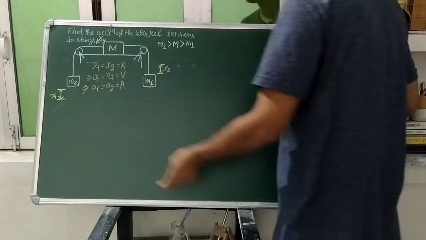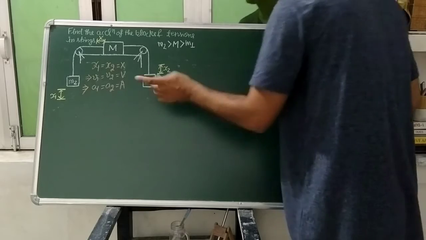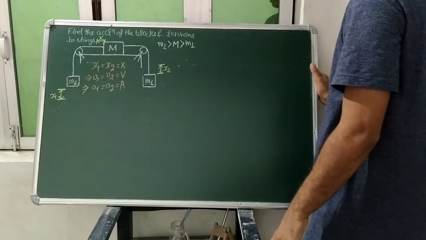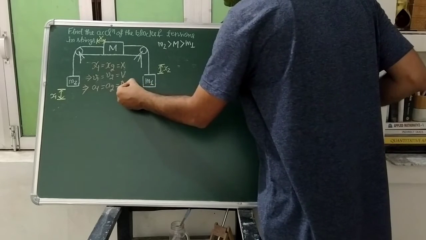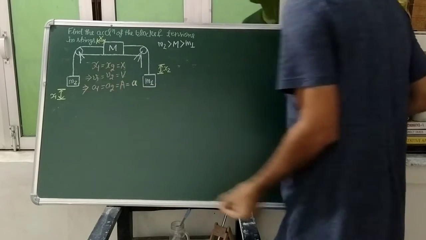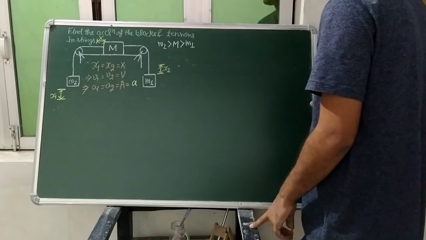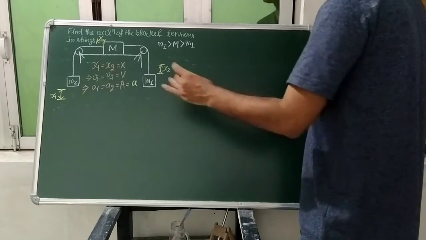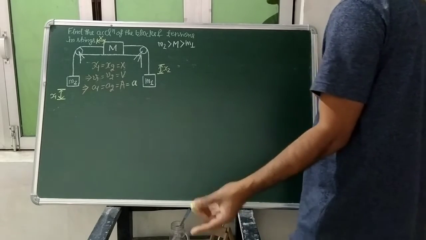Isn't it? Whatever the acceleration of this block, the same acceleration will be of this block, and the same acceleration we will get for this block. And that we are calling A. So we are getting the same acceleration. There is no different acceleration for the blocks. Every block is moving with the same acceleration.